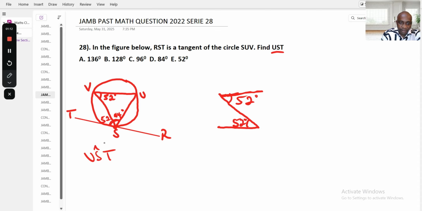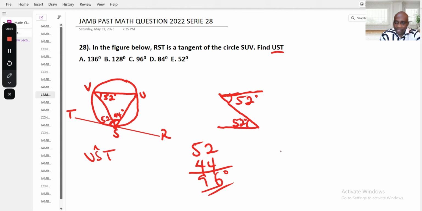Therefore, we have seen 44 here and 52 is already here. We are going to add the 2 degrees together. That's what will give us the final answer. 52 plus 44, 96 degrees. The UST is 96 degrees. Do you have 96 degrees there? Yes, C. Final answer is C. Let's move to the next question.